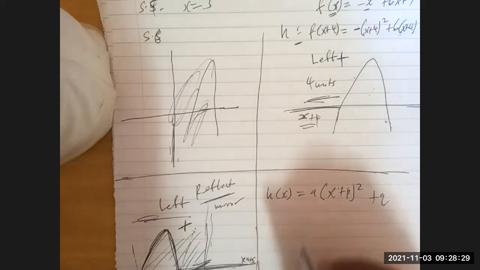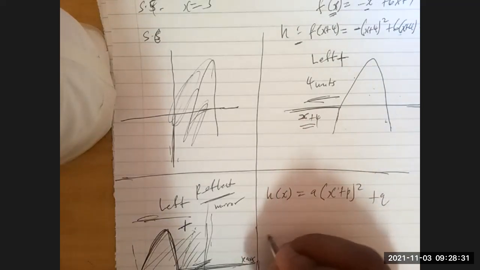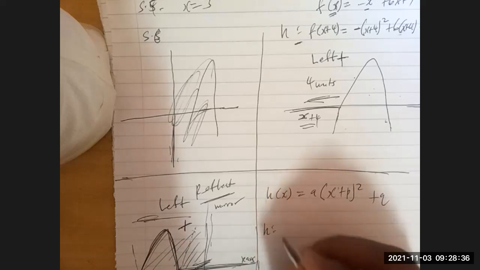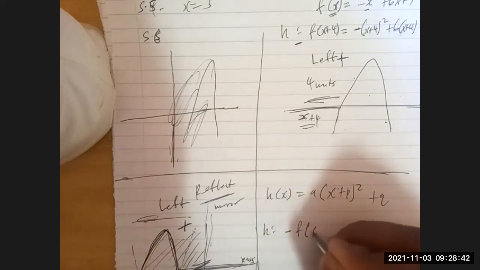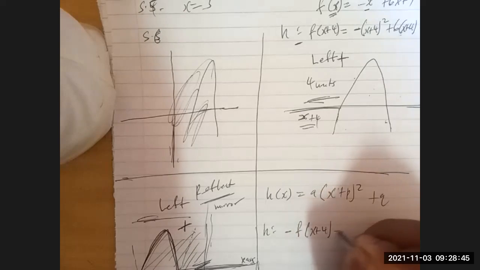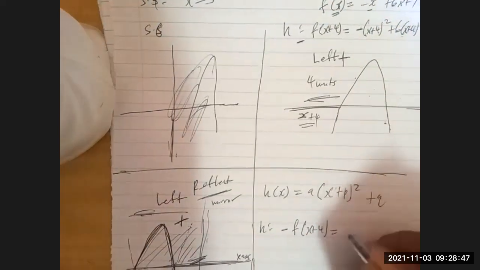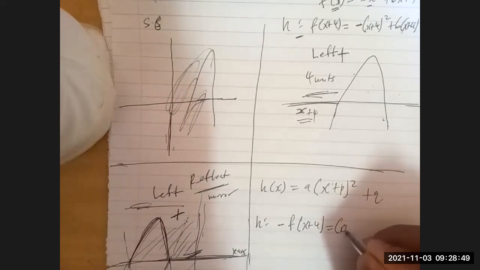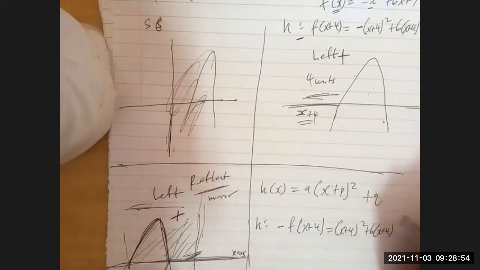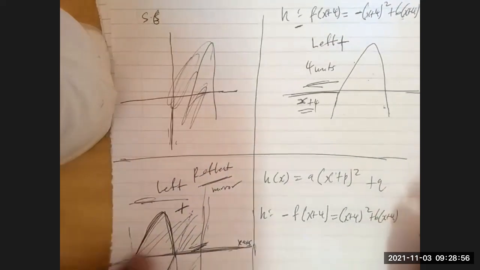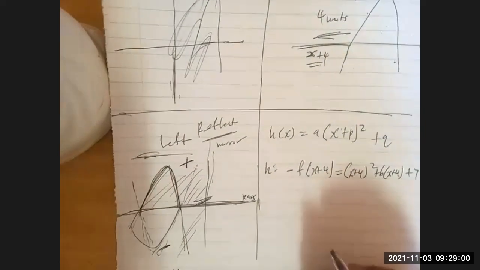So we're going to have the graph of h is going to be negative f of x plus 4, which is equal to negative, x plus 4 squared plus 6 multiplied by x plus 4, plus 7. So let's work it out.